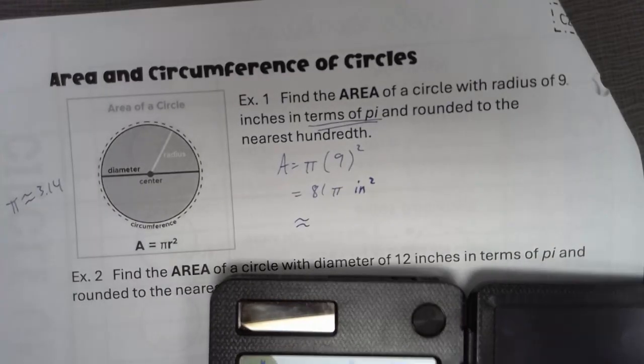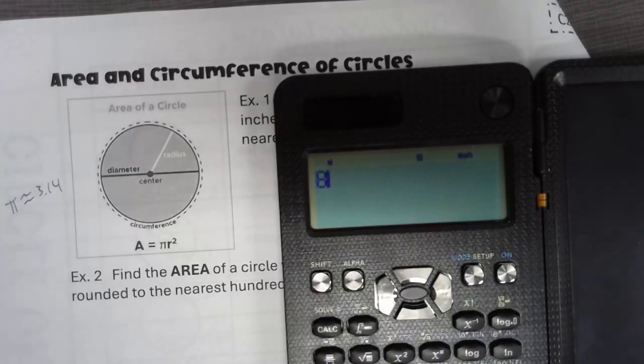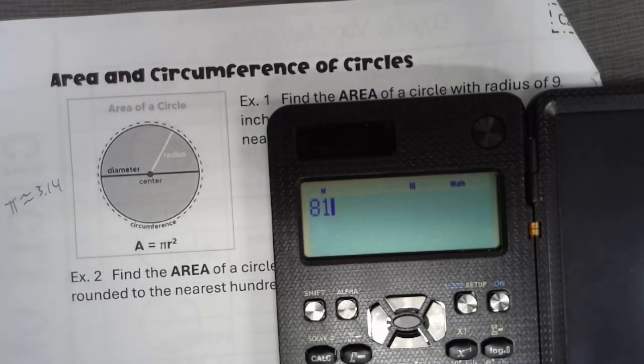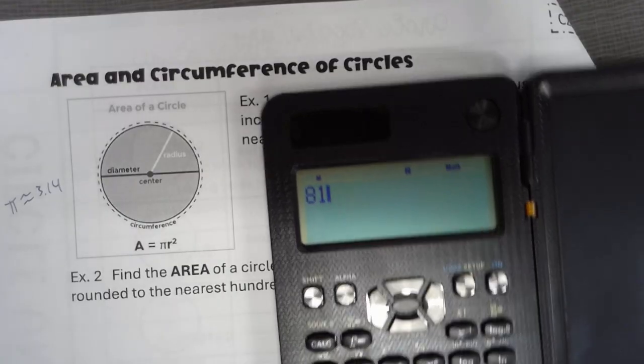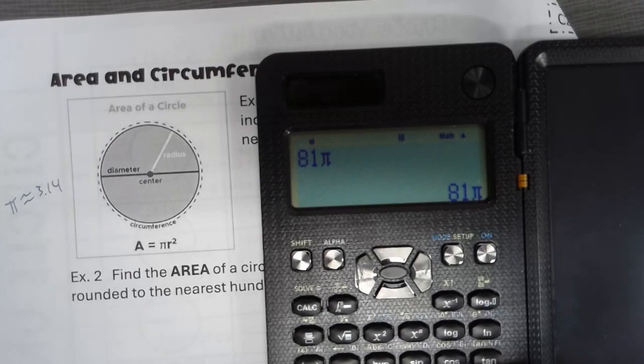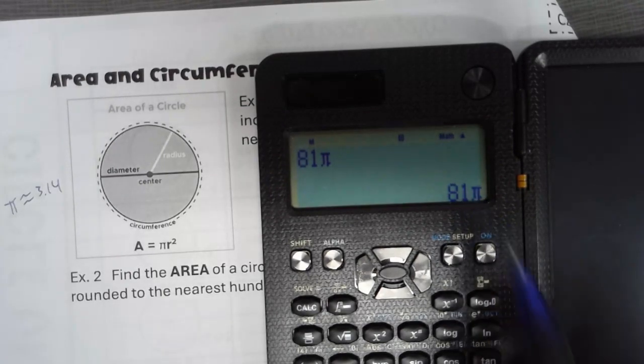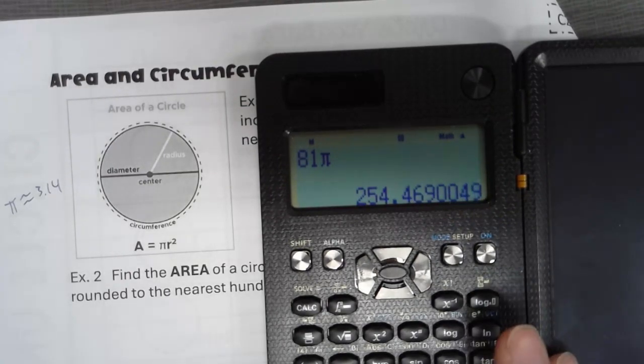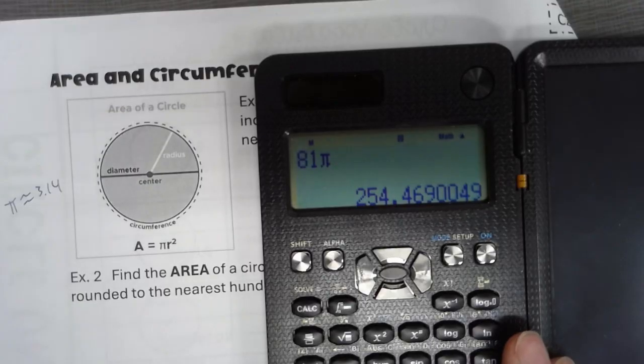And we're going to find out what 81 times pi is. This calculator is a little bit different than the ones we use in class. So 81 pi, and this is kind of nice. It actually writes our answer in terms of pi, but I can also get the decimal. 254.47.